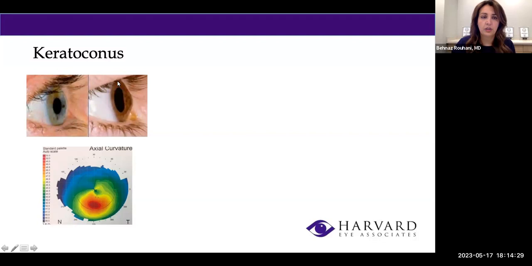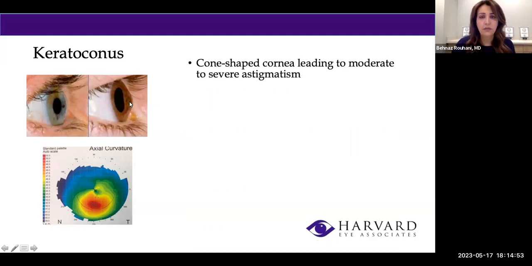In a keratoconus patient, you can see that cone-shaped cornea, so the steepness at every part of the cornea is not the same. Usually they have it steeper in the bottom of the cornea and flatter up top. The cornea mapping shows a really irregular shape, astigmatism, more steep in the bottom part of the cornea.